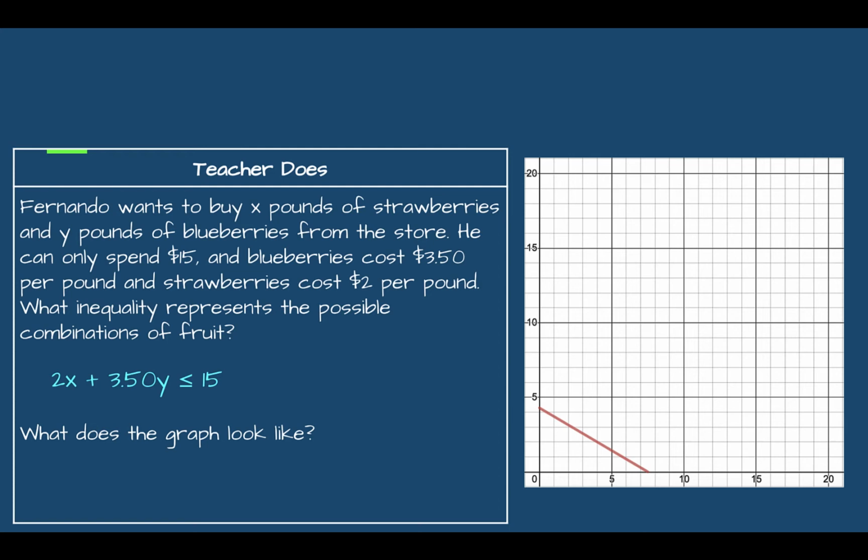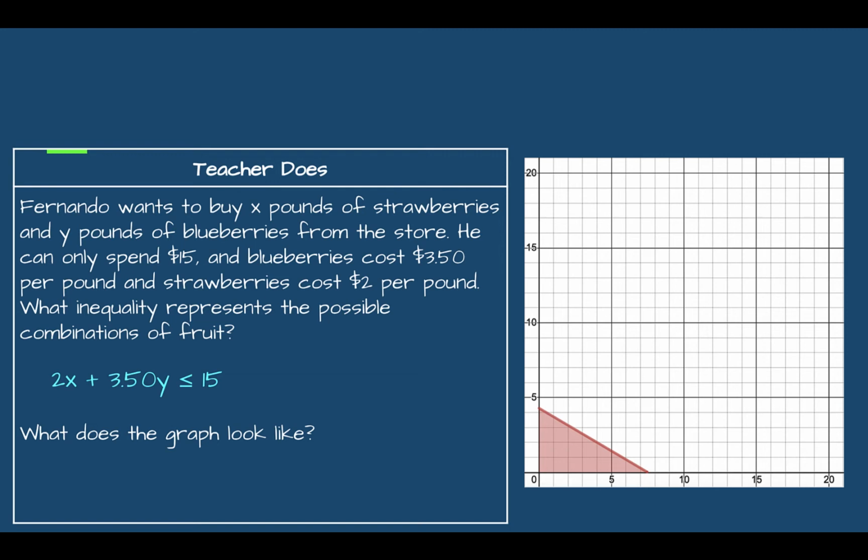Now, the second part for inequalities is our shading. In this situation, we want our items to be less. So we would need to shade below the line. This shows that anything in the shading could be a solution. So for example, if we bought 2 pounds of blueberries and 2 pounds of strawberries, we would end up with a total of $11.